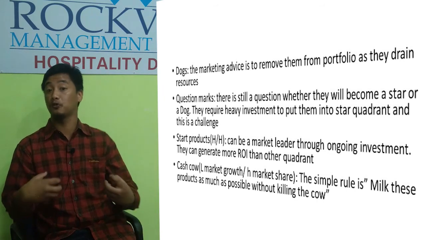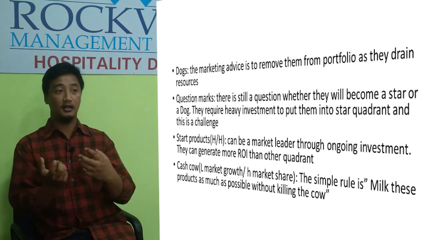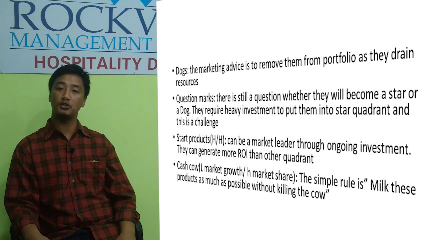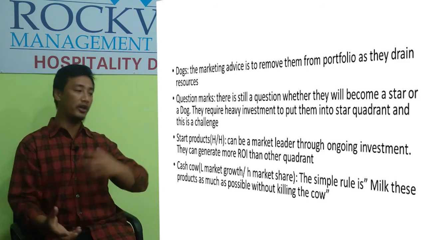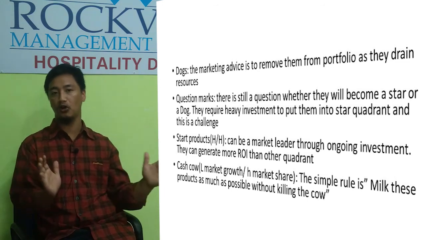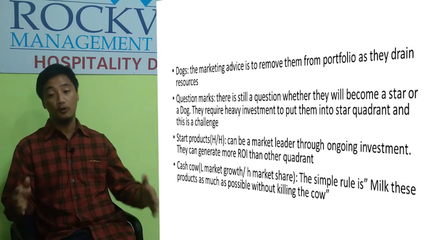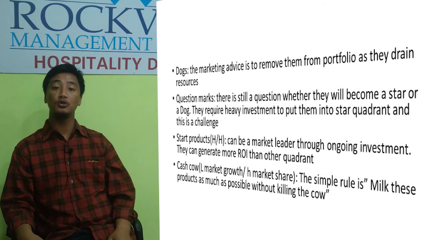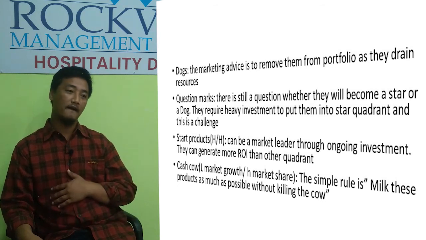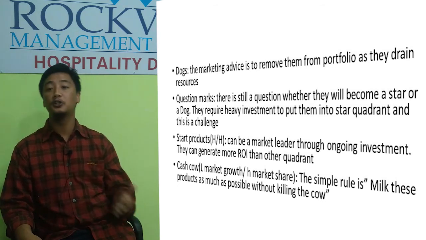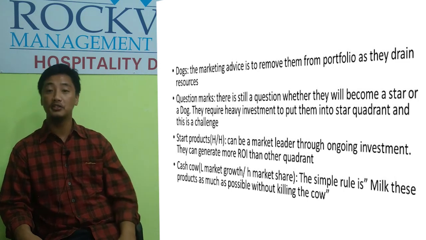This is a product portfolio matrix, and it helps the top level management understand the product portfolio, where each product stands in terms of the 4 quadrants, and frame strategies accordingly.